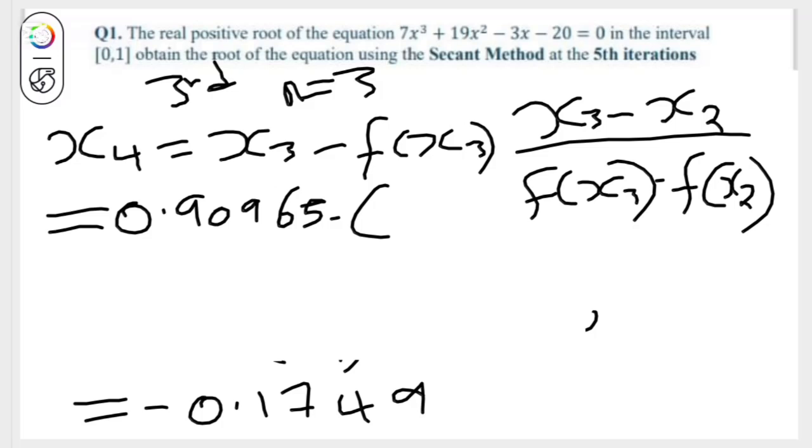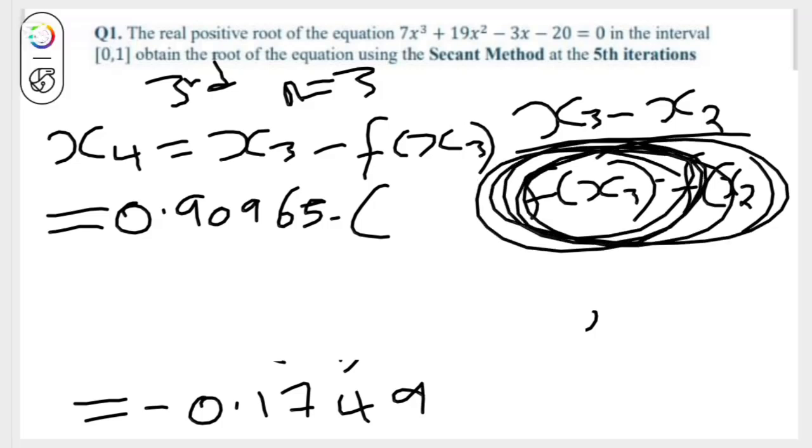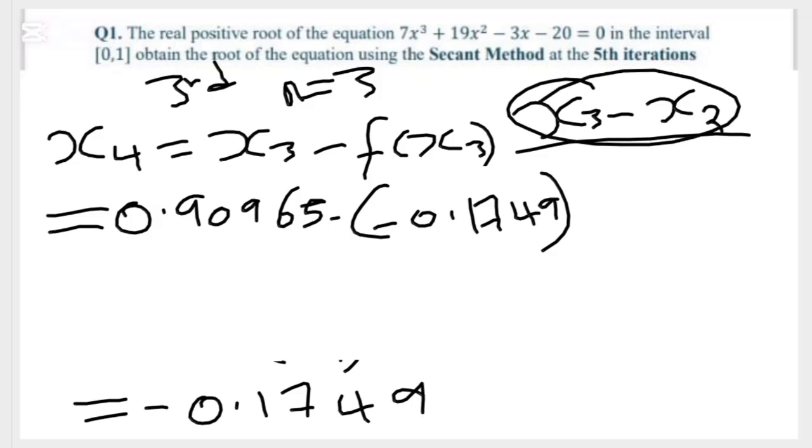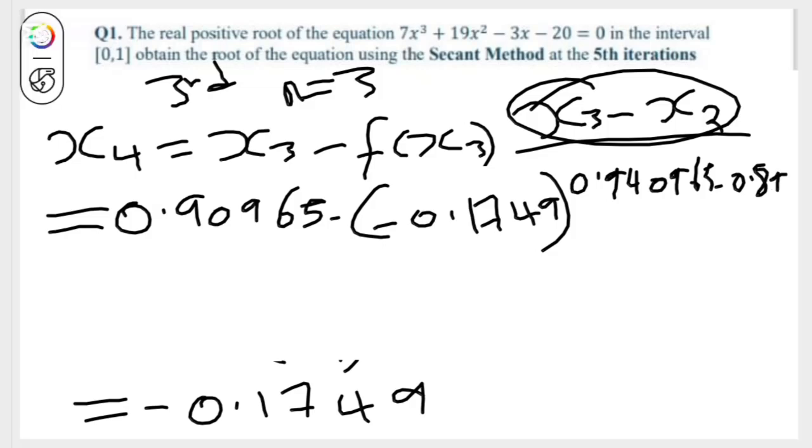But I have to delete this, but you have to take note of it, which is negative 0.1749, and also multiplied by this x3 minus x2, which is 0.94065, subtract by 0.89896 65, divided by f of x3 minus f of x2.